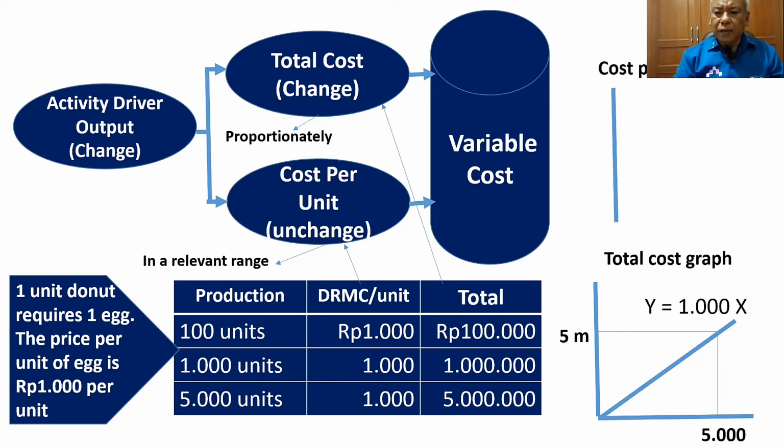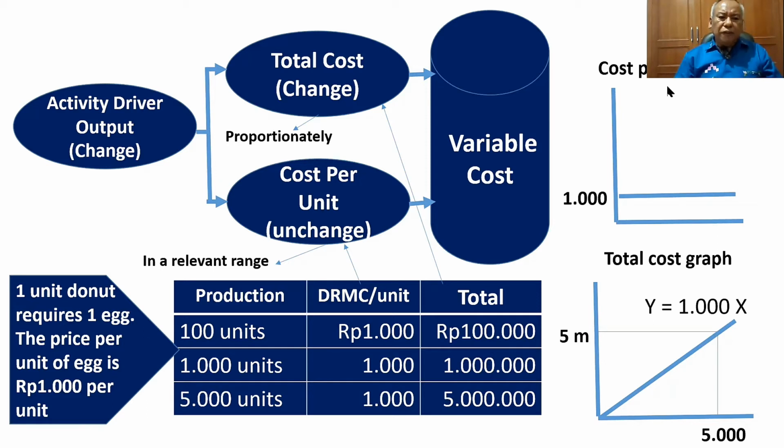And if you look at the cost per unit graph, you can see here that 1,000 remains constant within the relevant range. We buy 1 unit, 1,000; 2 units, 2,000; 3 units, 3,000. So the unit cost remains constant.